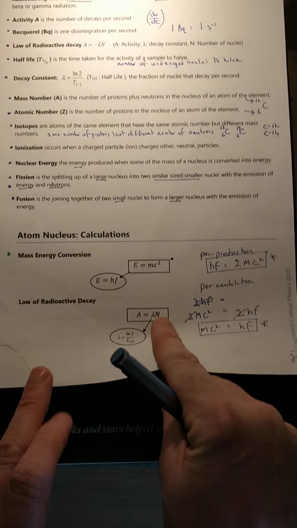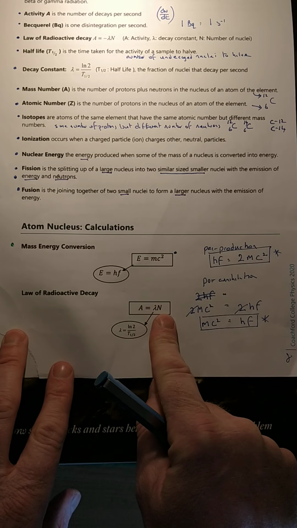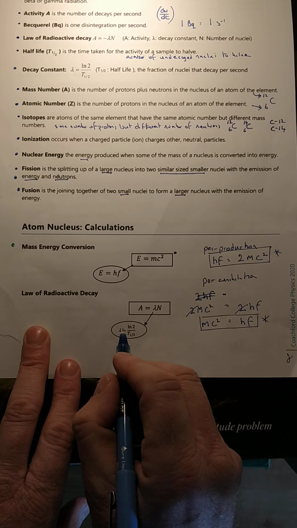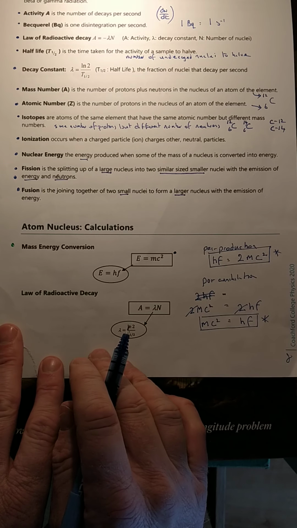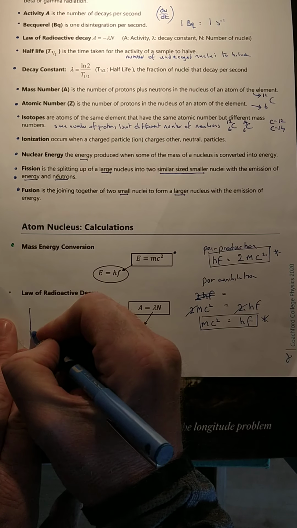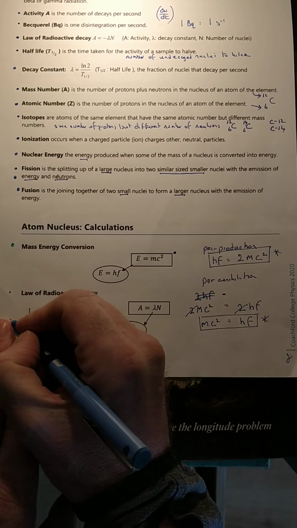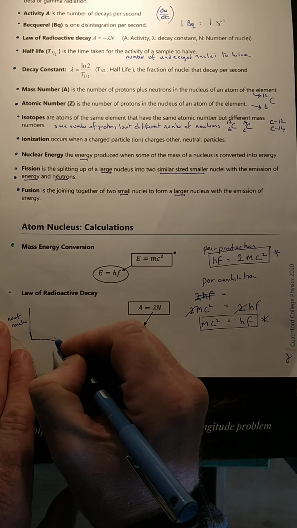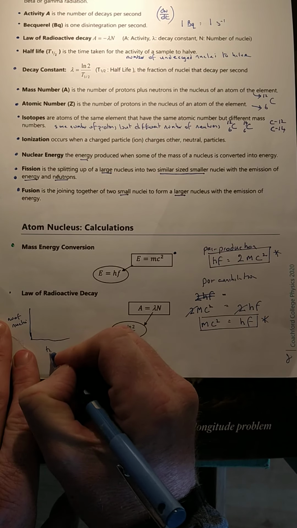Right, if we move down to the calculations at the bottom, we now have the law of radioactive decay and the linked decay constant if we don't have the decay constant. So I'm going to mark that. We're also going to put in here a little diagram of the number of nuclei, or the activity, remember, against time.